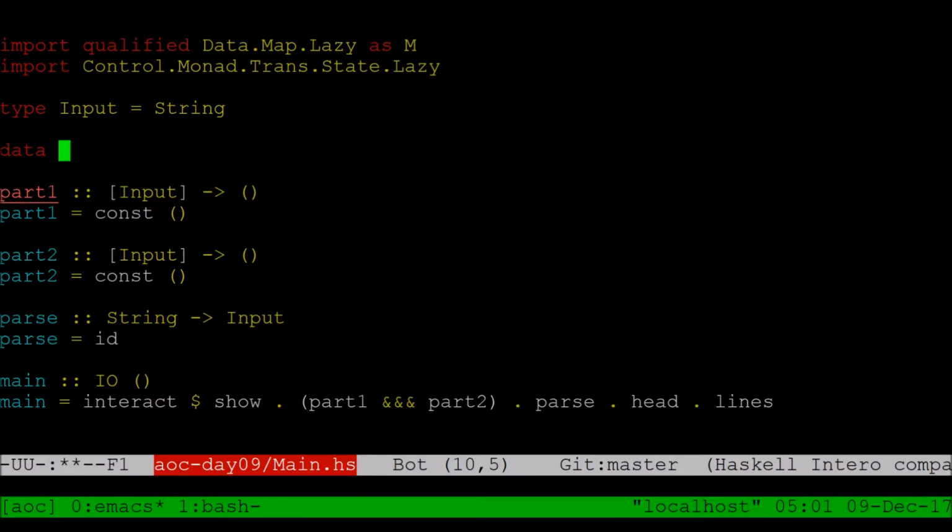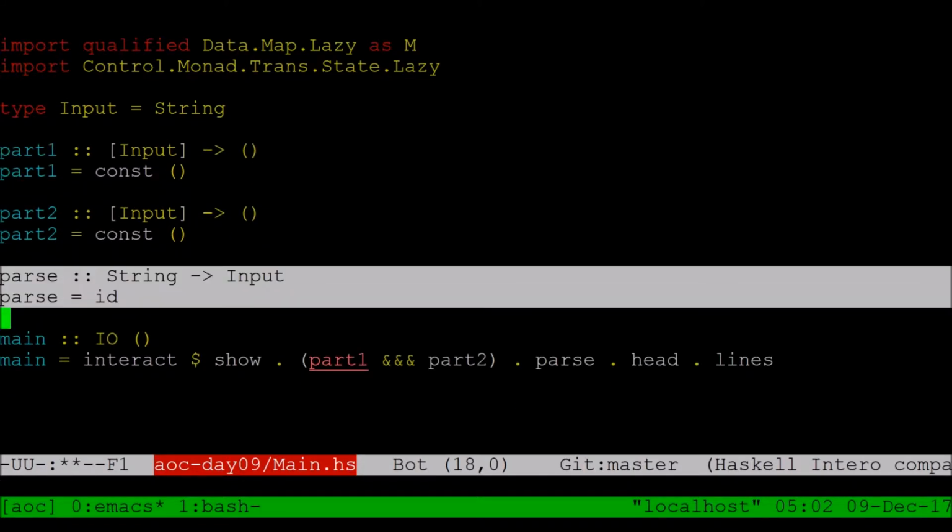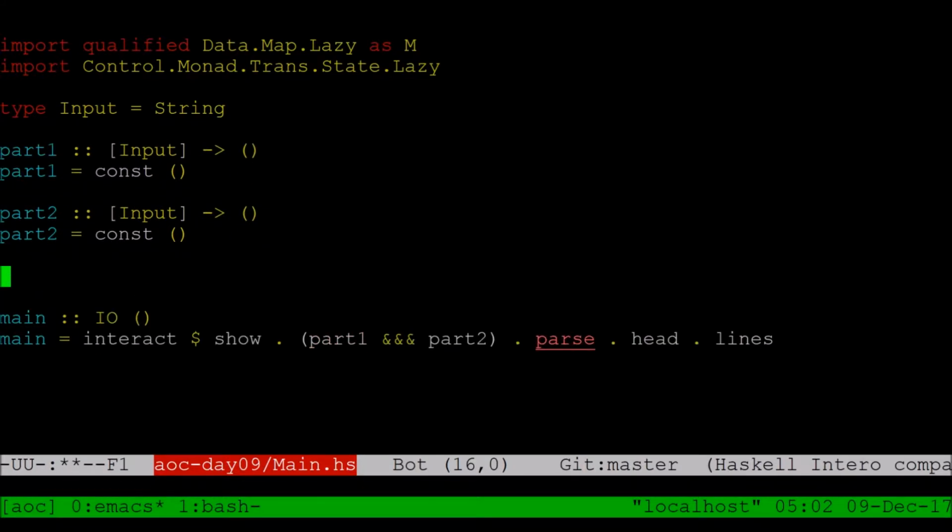Do I need to store this in a group? It's probably a good idea. Do I? No. Actually, I don't really want to do any of this. Let's just write part 1 real quick.